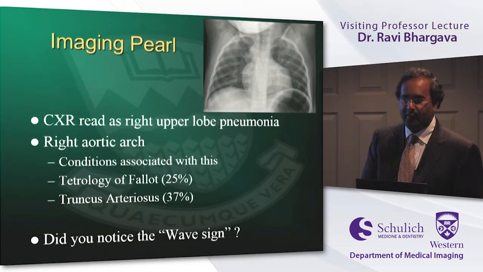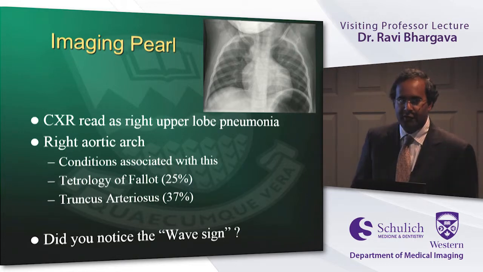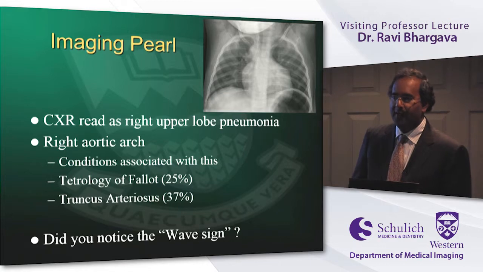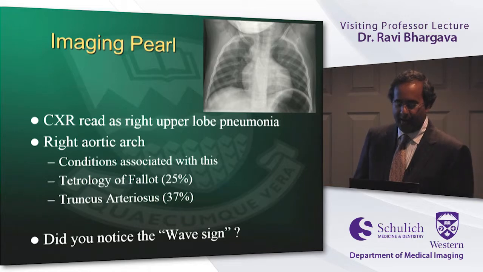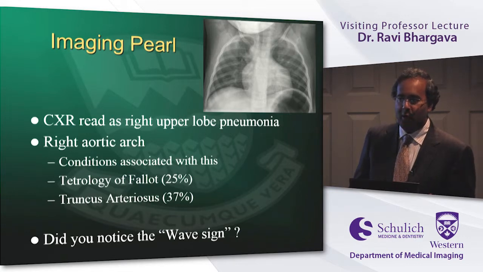And this was a chest x-ray that was read out as right upper lobe pneumonia, but this actually is a right aortic arch. And there are a number of conditions associated with an aortic arch. 25% of tetralogy of Fallot patients have a right-sided aortic arch. But if you were to take a look at other congenital cardiac conditions, namely truncus arteriosus, they have a much higher incidence of right-sided aortic arches.